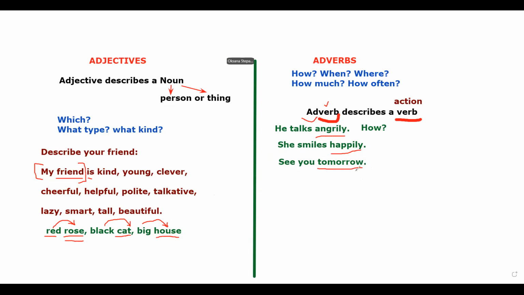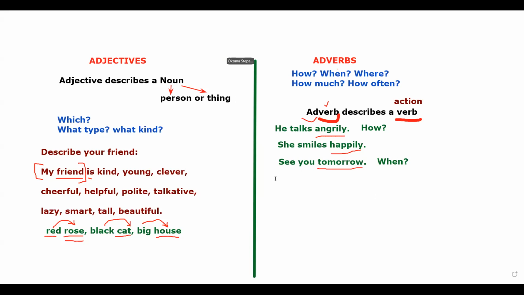So tomorrow is an adverb of time and it tells you when, right? So we put a different question here. When? Tomorrow. Today, tonight, etc. And where, so it actually can tell you the location.